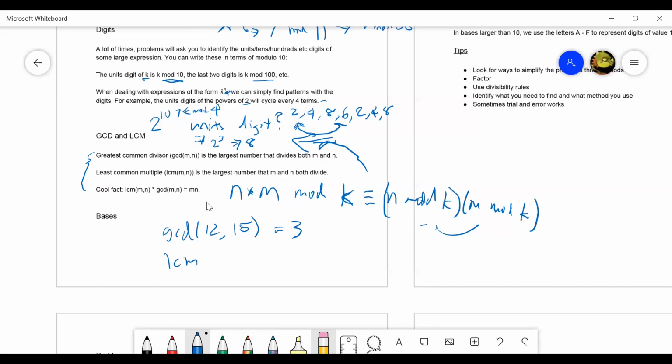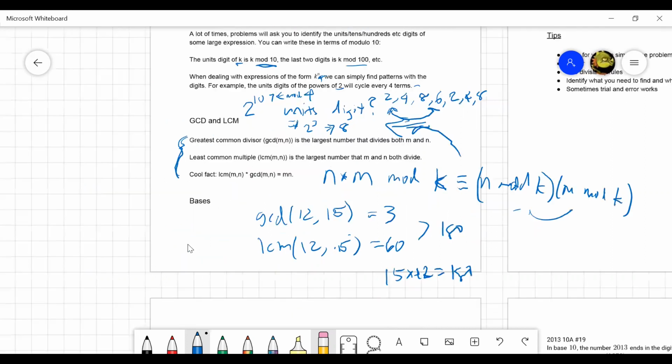And the LCM of 12 and 15 is going to be 60, as this is the smallest number that's divisible by both 15 and 12. And the product of these two numbers is 180, and 15 times 12 is also equal to 180. So from this example, you can see each of the three properties I wrote.